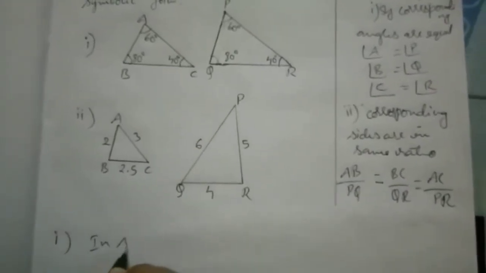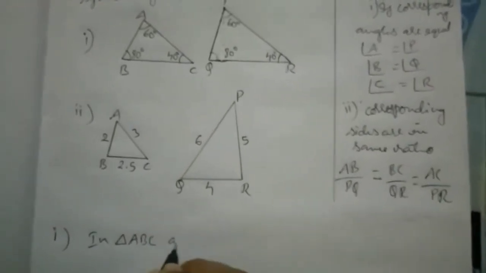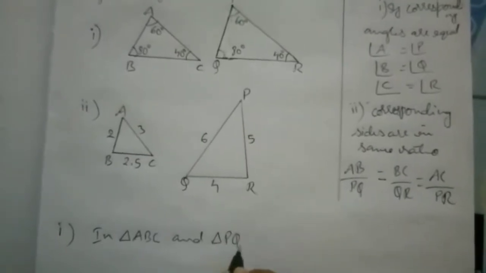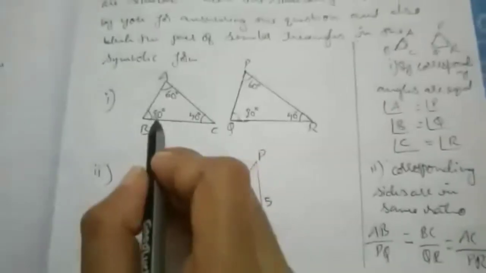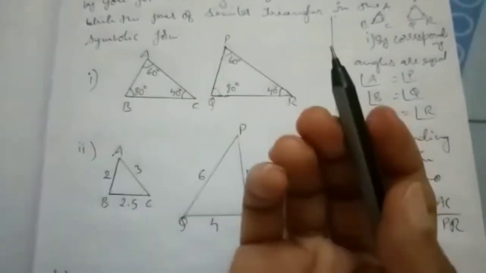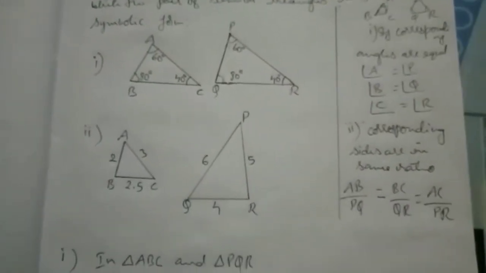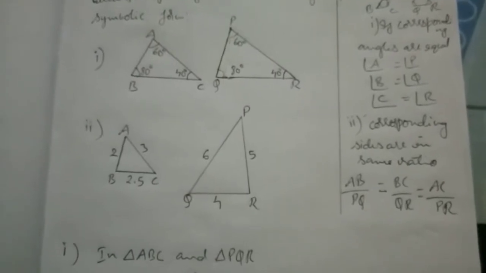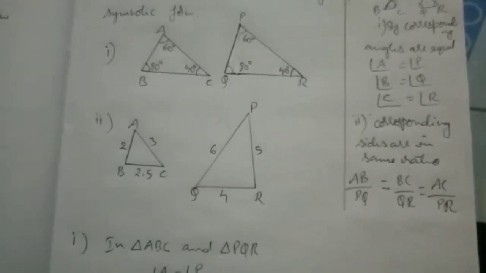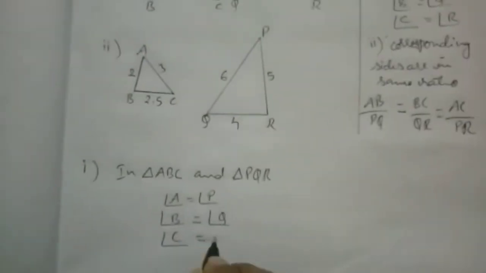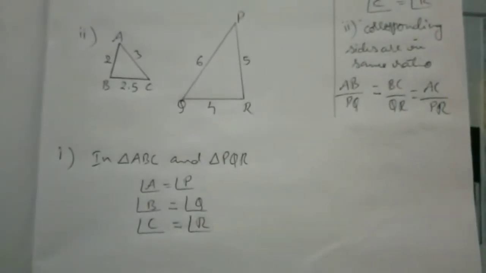In triangle ABC and triangle PQR, angle A and angle P are 60 degree, equal. So angle A is equal to angle P, angle B is equal to angle Q, and angle C is equal to angle R.